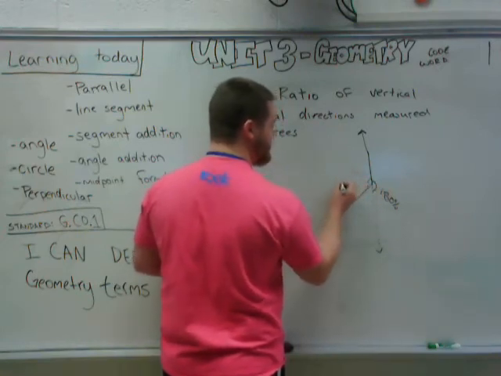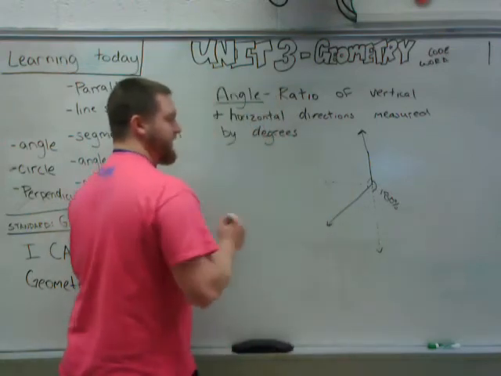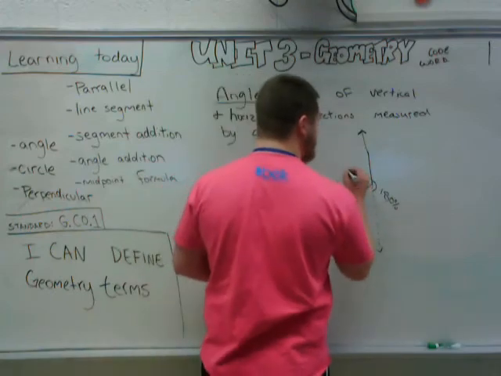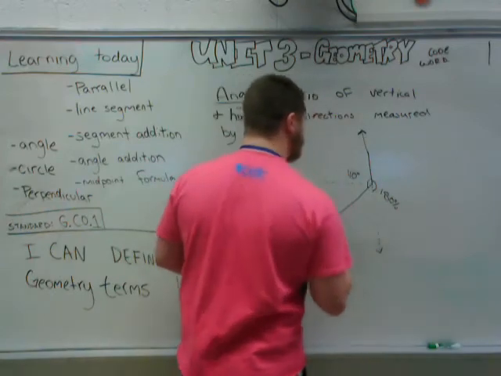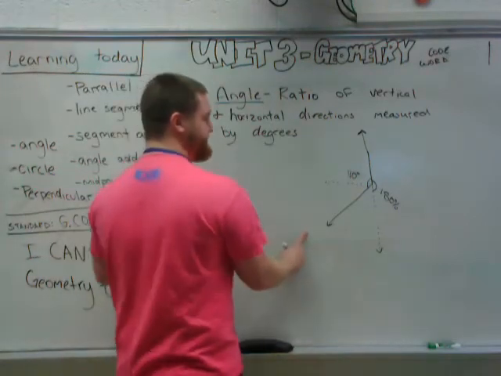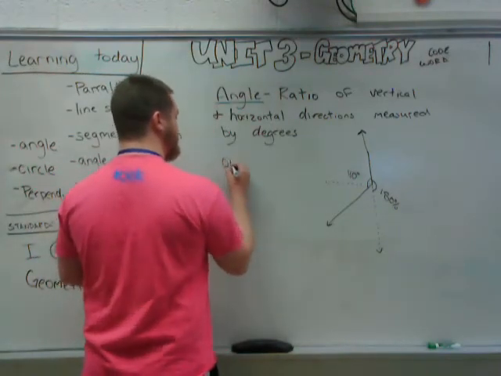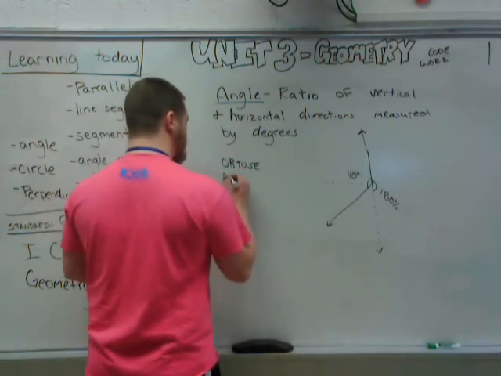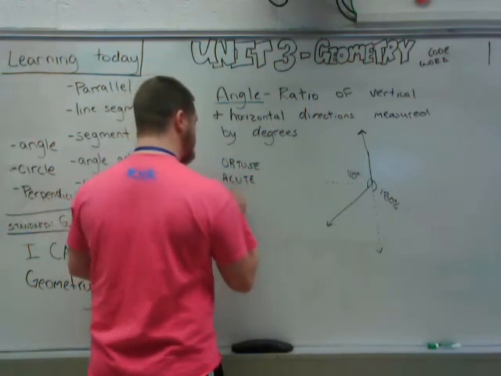And now let's say what the measure of our given angle is. Well, it's more than 90, and it's less than 180, and I'm not pulling a protractor out, but we will say that it's close to 110 degrees. Easy enough. What would the name of this angle be? It would be obtuse. So you have obtuse, acute, and right.